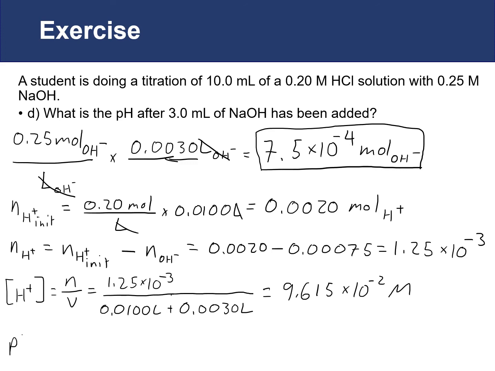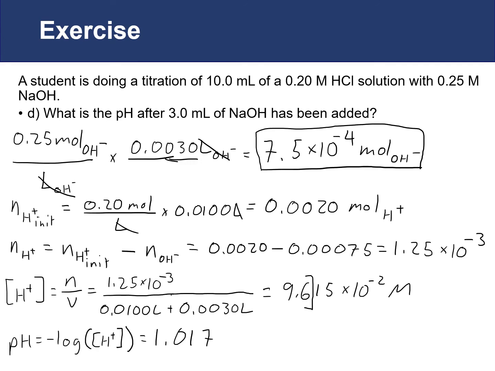Our pH is equal to the negative log of our H plus concentration. So that would be the negative log of our value, which would be equal to 1.017. Our value here that we were plugging in had two significant figures.